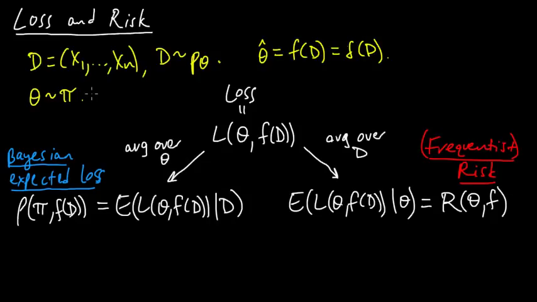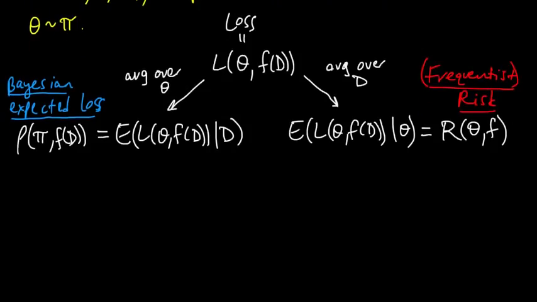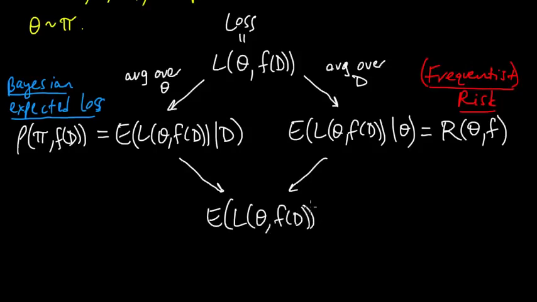And then we averaged over one on one side, one on the other, and we can always come back to the middle and average over the other thing that wasn't averaged over, and we get just the expected value over both of those things. So it's just the expected value of the loss, not conditioned on either one. If you took the expected value of this side, you would get this. If you took the expected value of this side, you would get this also.